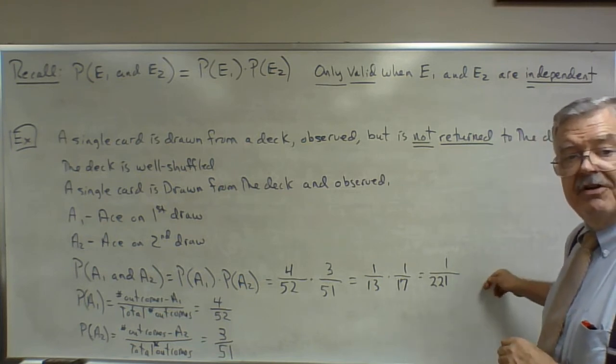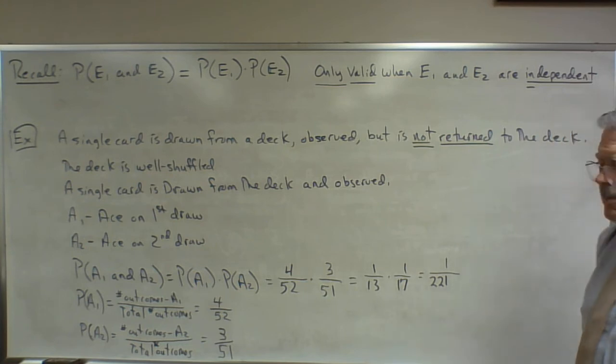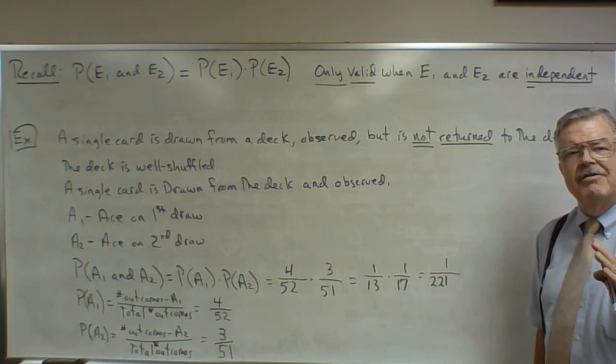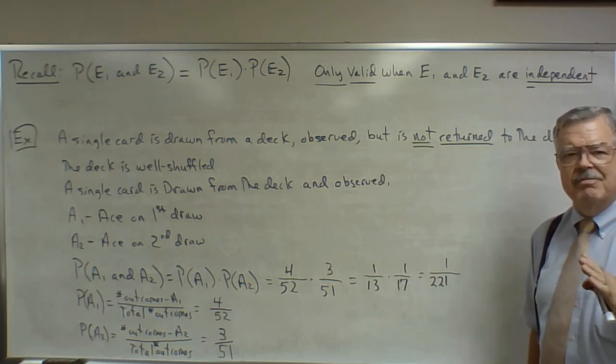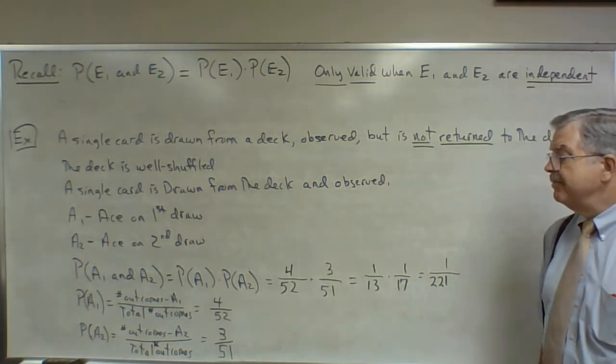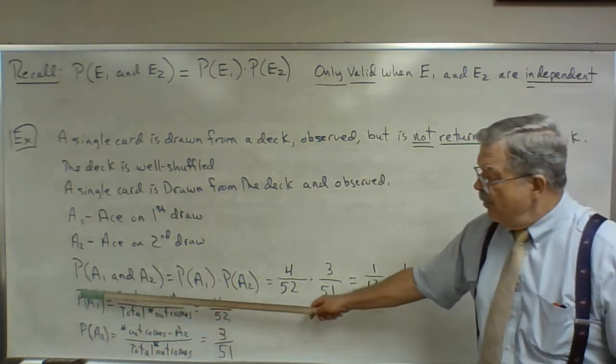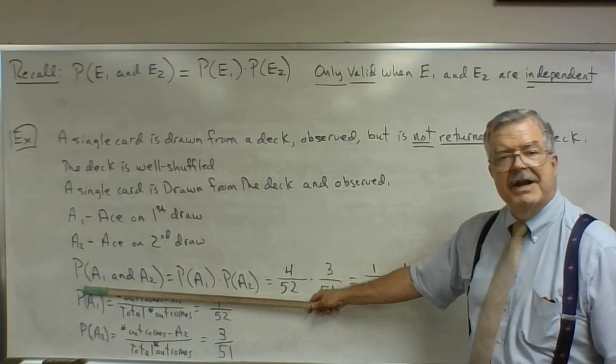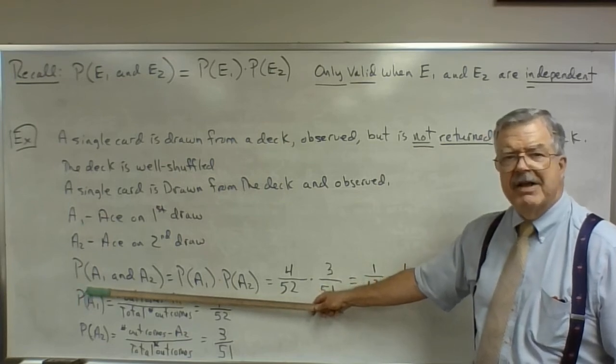Now, this is correct, but if our mathematical conscience is bothering us, we're justified. Because this formula assumes that A1 and A2 are independent events, but they're not.